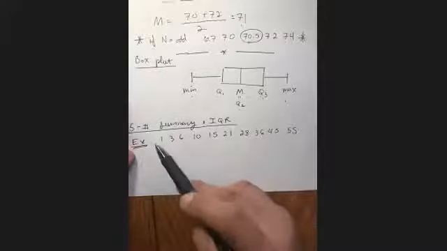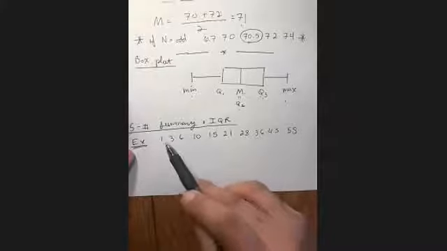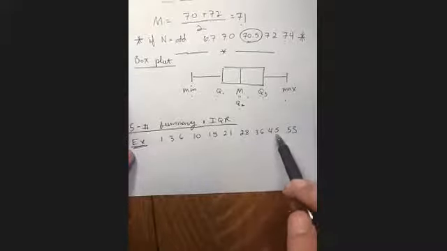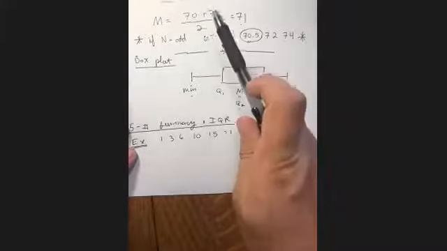Remember that depends on how many data points you have. In this case, we have 1, 2, 3, 4, 5, 6, 7, 8, 9, 10 data points. That's an even number of data points, which tells me that I'm in the scenario that I showed you at first, where we have to average the two middle numbers.